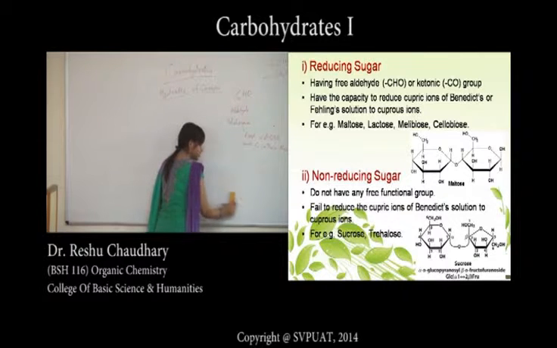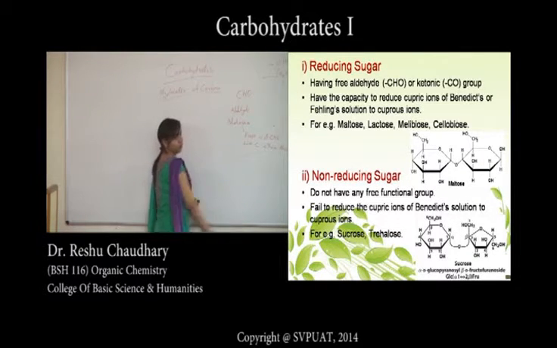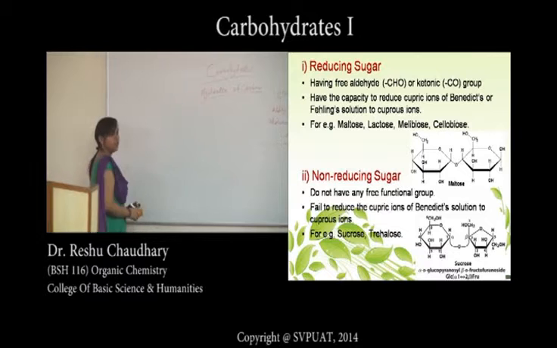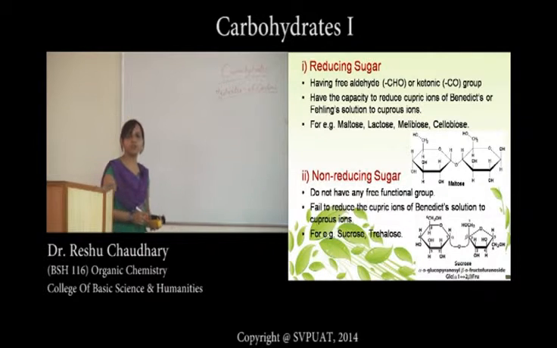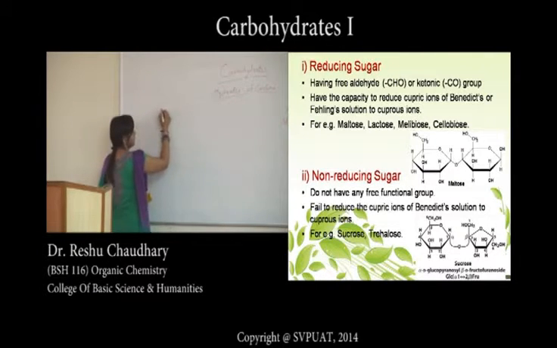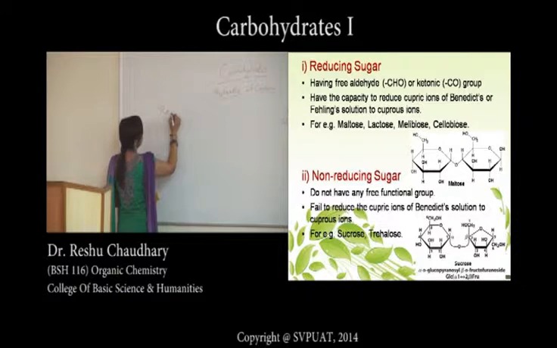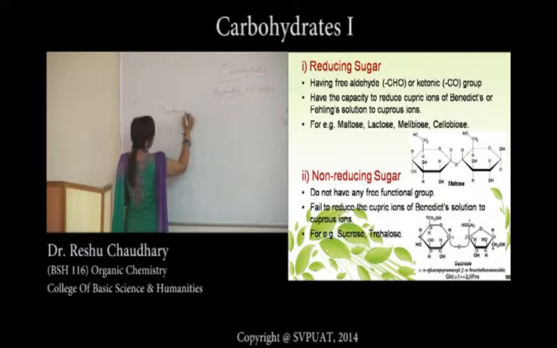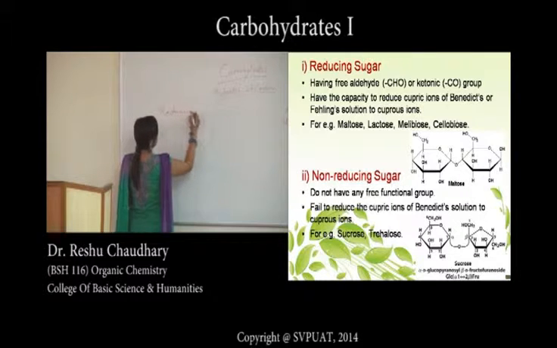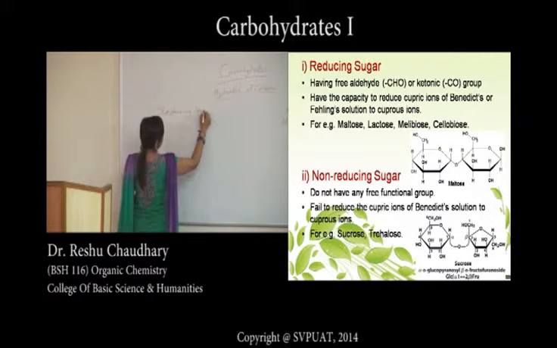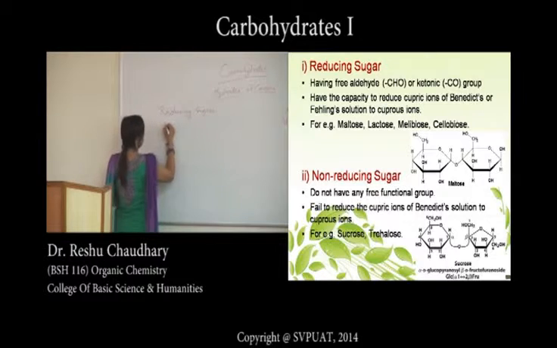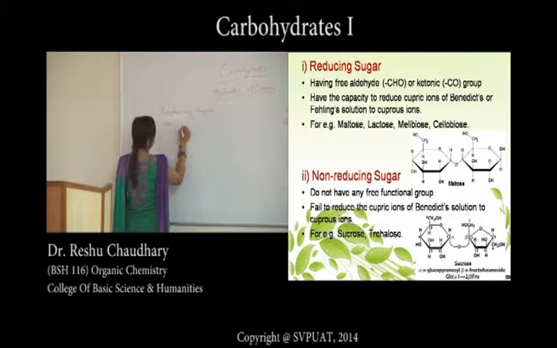All sugars are reducing except sucrose, because sucrose forms an alpha 1 beta 2 bond and there is no functional group free for reaction.